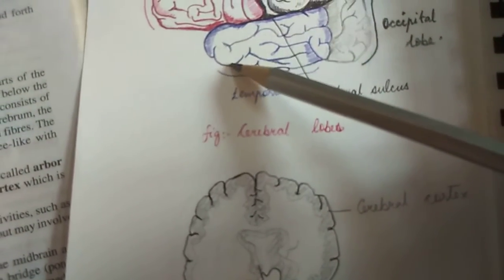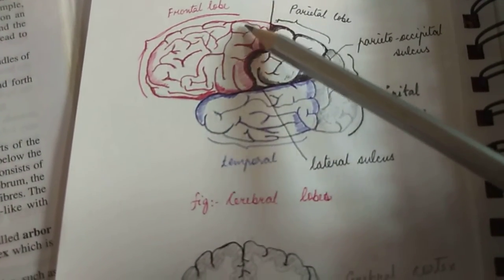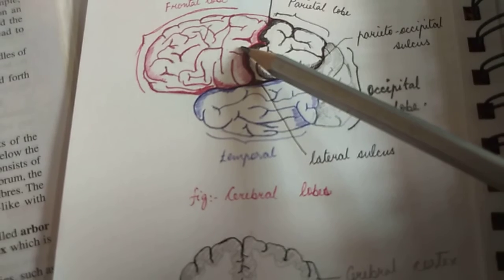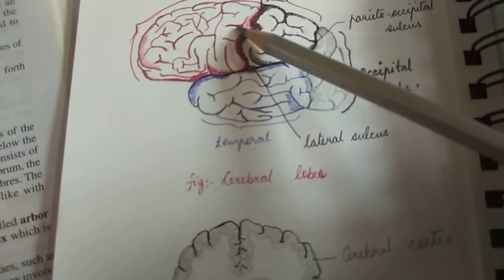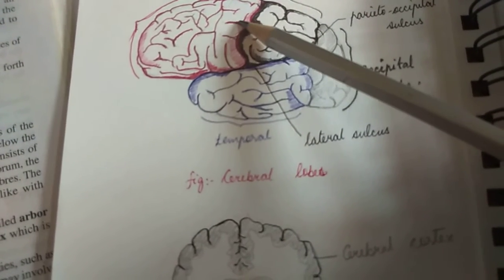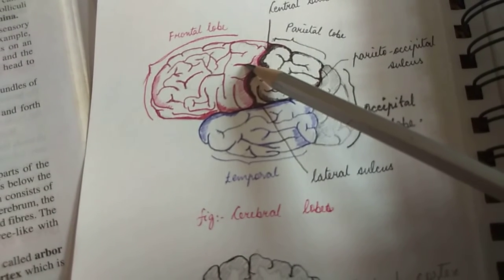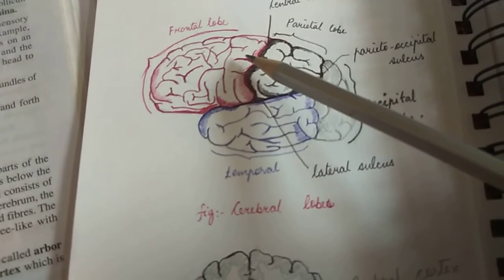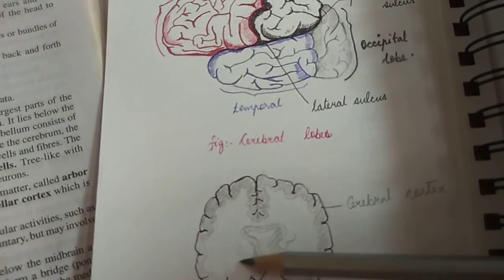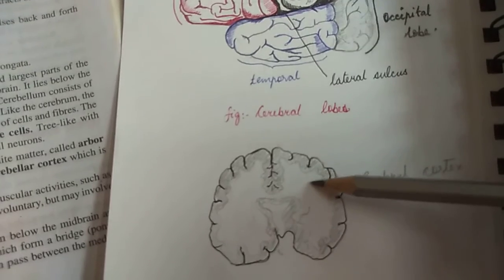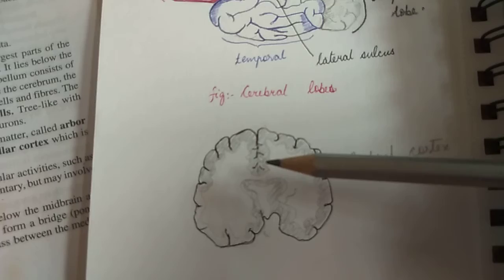These folds you can see, these are known as gyri. Whereas the depressions or grooves which are formed, they are known as sulci and fissures. Below the gray matter lies the white matter. The white matter, as we have already discussed, comprises of myelinated nerve fibers.